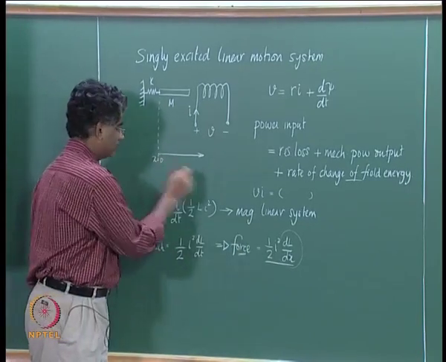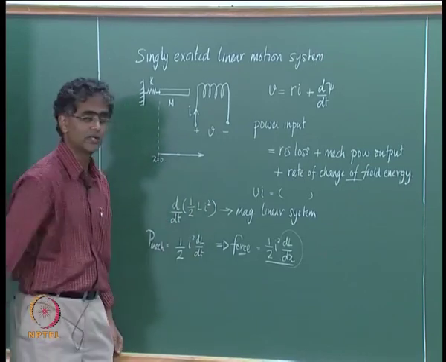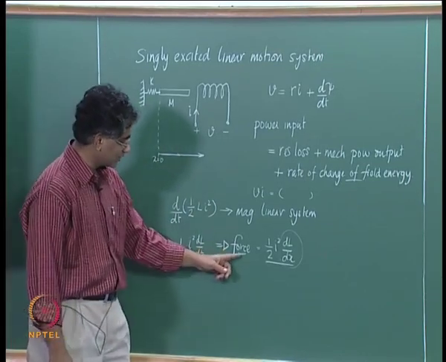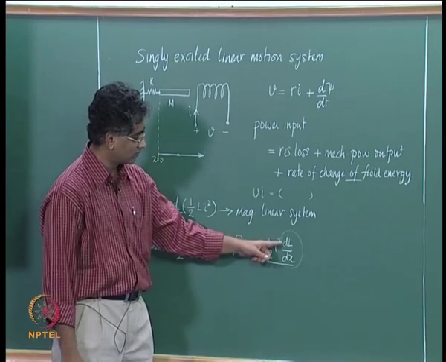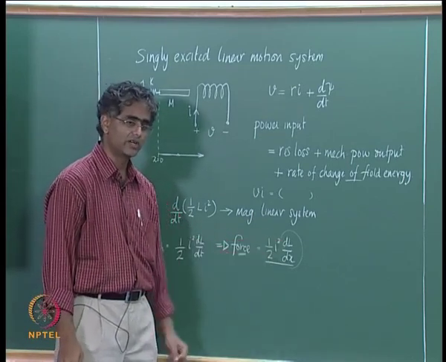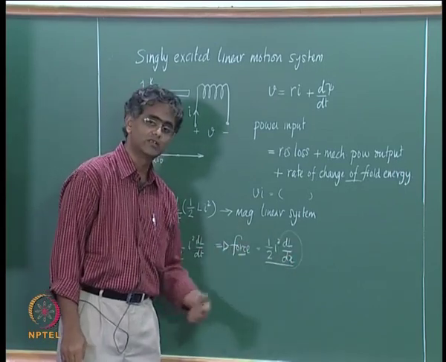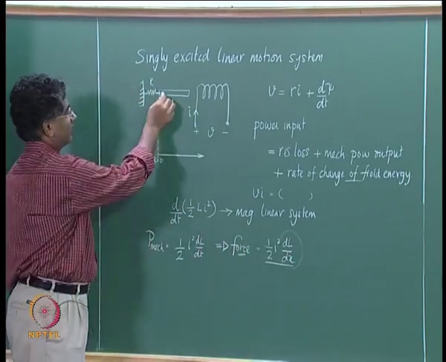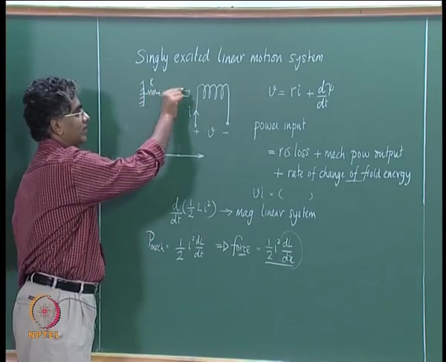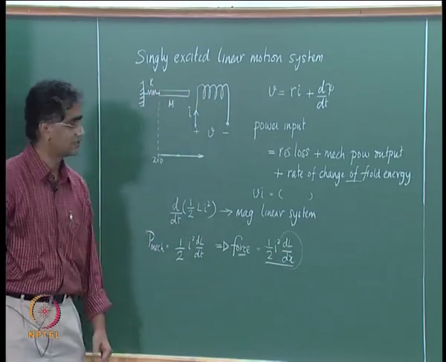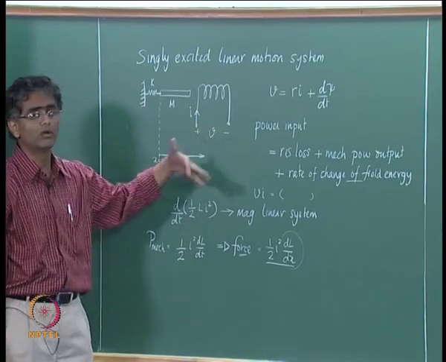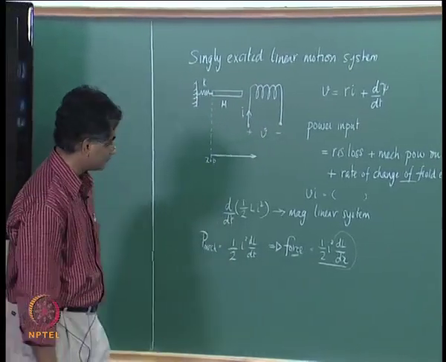So, if this is the force, this is the direction in which it acts, and this is greater than 0, it would also mean that dL by dx is greater than 0. That means that as x increases, the inductance increases, which definitely is true. If the bar moves inside, the inductance as seen by this input will increase.